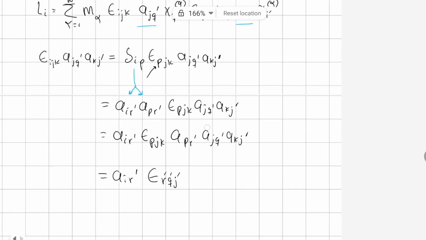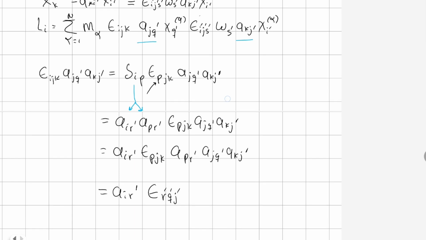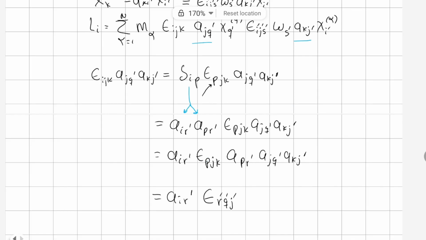So we had that this product over here times this is equal to this. We are going to substitute this result into the angular momentum formula that we found.